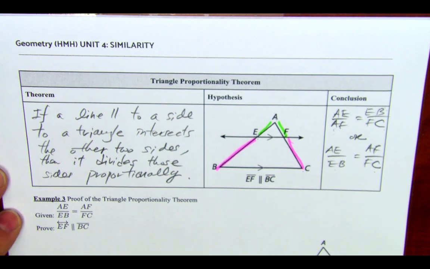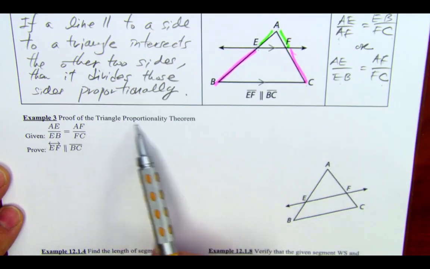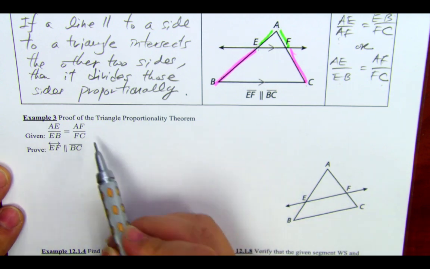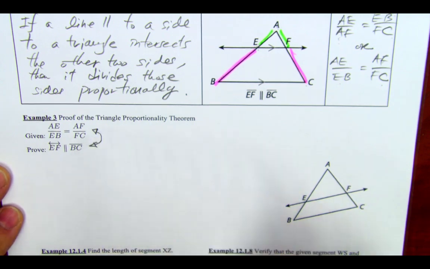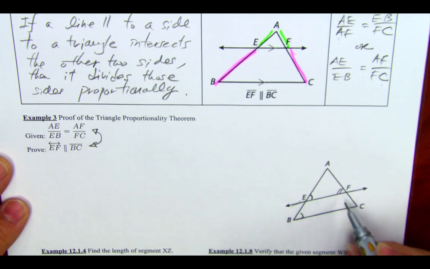Okay. All right, guys. So in this particular case, we're doing the proof of the triangle proportionality theorem. Actually, this has been swapped. And how would you prove that? Let me do this by paragraph proof, guys. So if these two lines are parallel, we know that this angle and this angle are congruent.